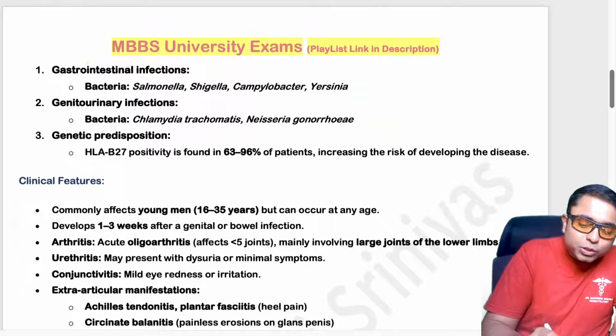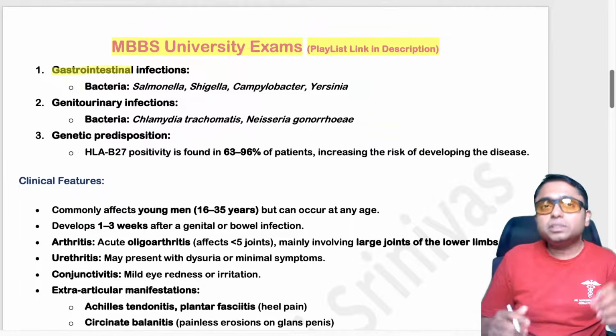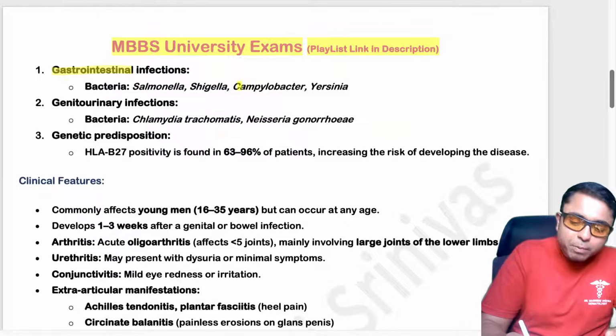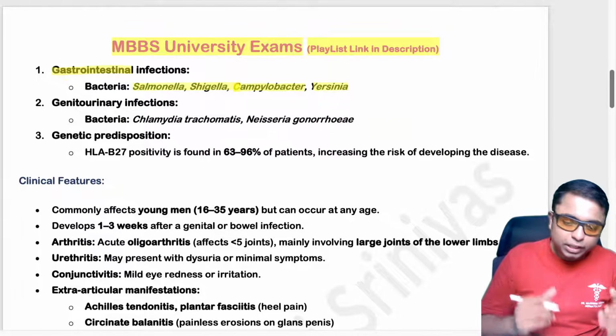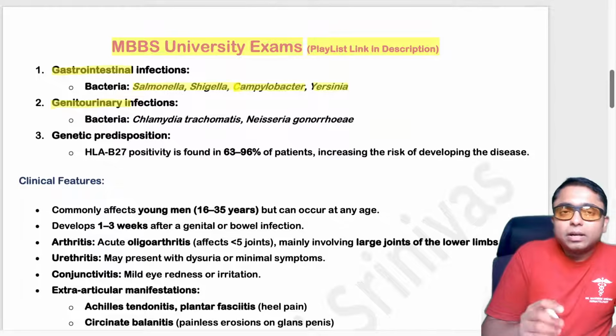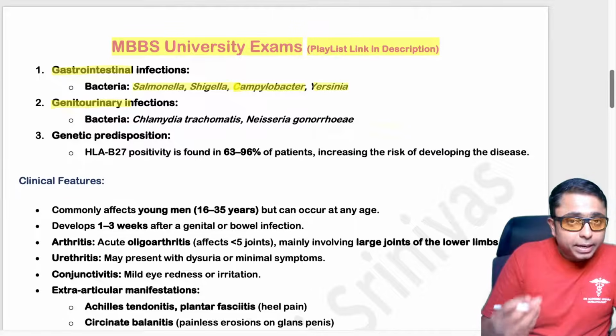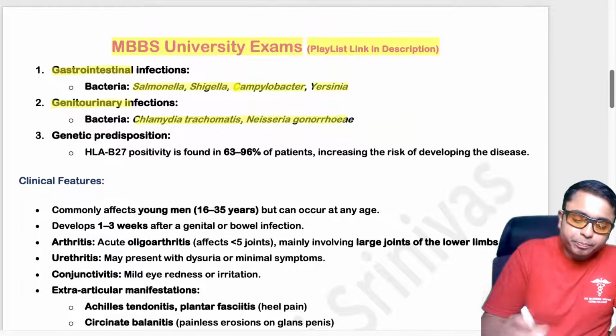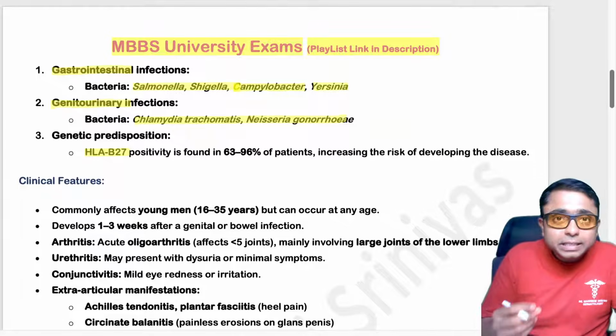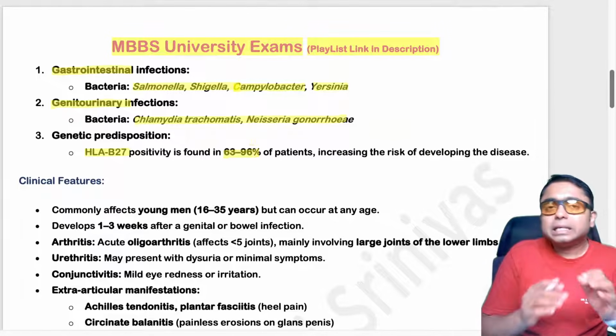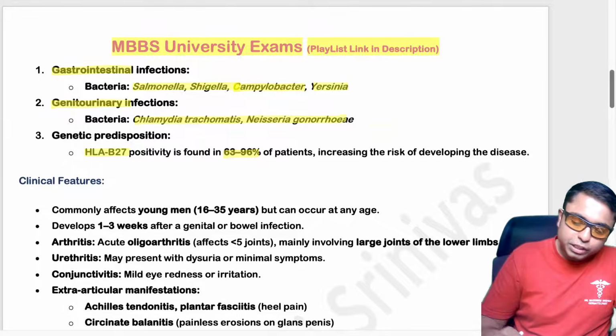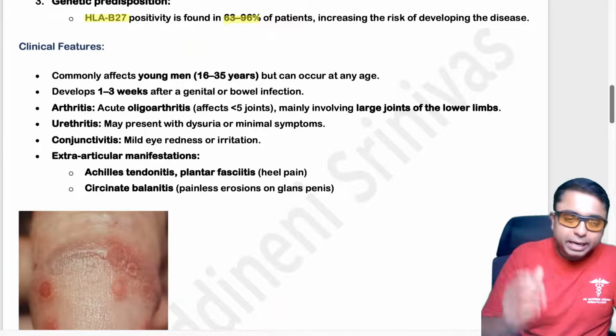In the gastrointestinal tract, the bacterial infections are Shigella, Salmonella, Campylobacter and Yersinia. These are the important infections. And in the genitourinary tract, the infections could be Chlamydia trachomatis and Neisseria gonorrhoeae. HLA-B27 is associated with almost 63 to 90% of the patients who have reactive arthritis.